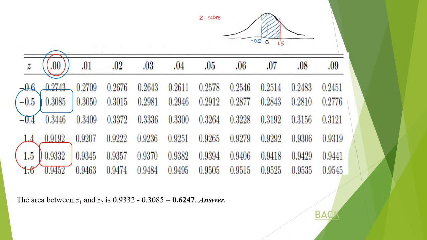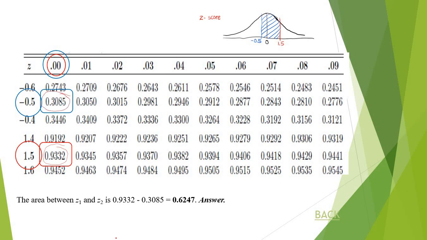So again, take note, we wanted to determine p sub z is 1.5 and p sub z is equal to negative 0.5. Using the table, we have 1.5 corresponding to p is 0.9332, and for p sub z is equal to negative 0.5, from the intersection, we have 0.3085.